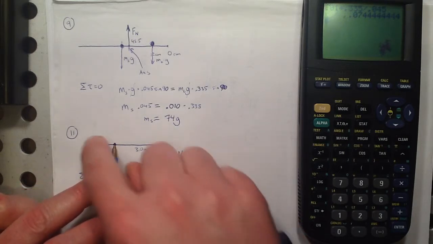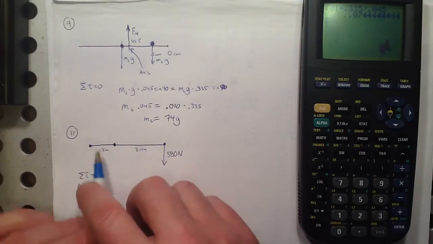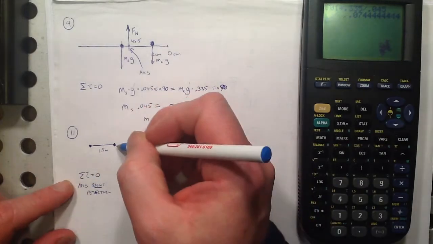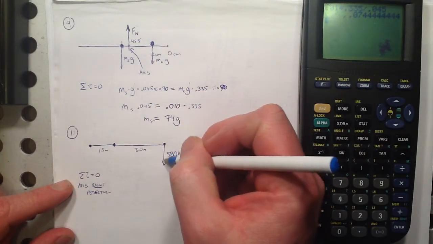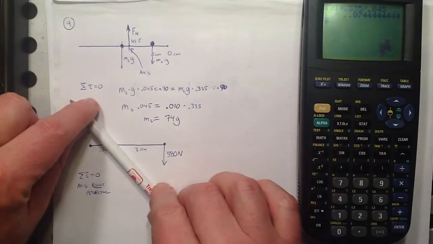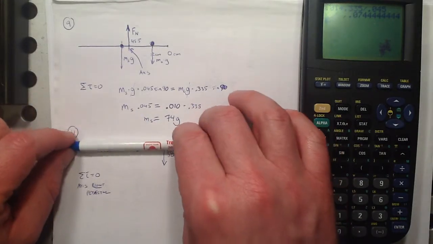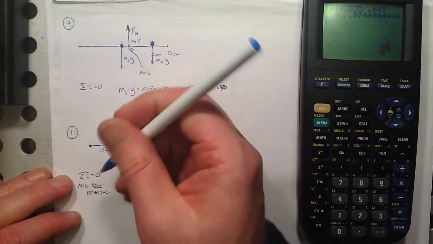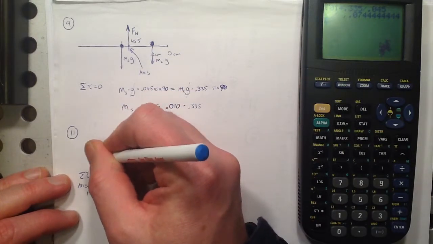There's this torque and this torque here. So those would have to be balanced, which means that since this one is making it want to rotate this way, the other one would have to be wanting to make it rotate this way. So this force has to be down. It has to be.